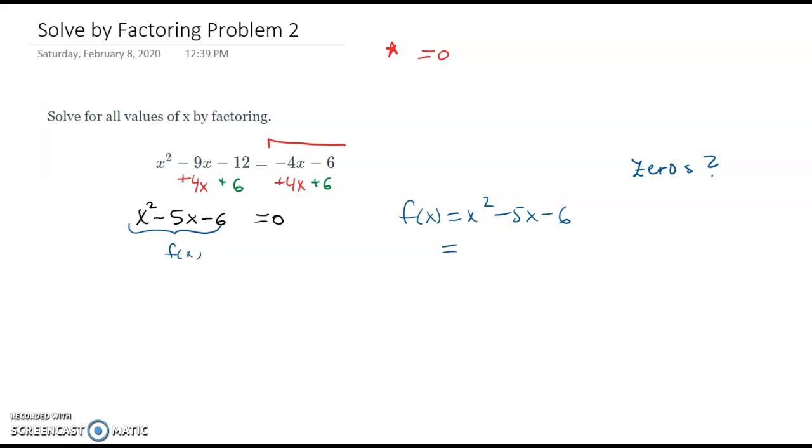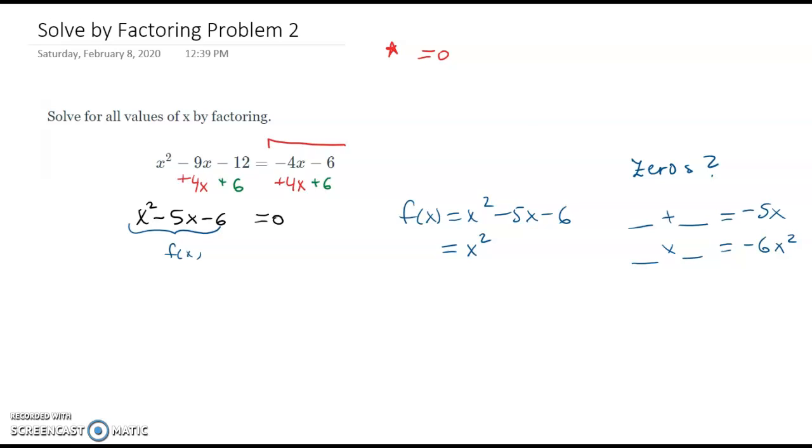So I'm going to think about the factoring. It's x squared, and we're going to break up the middle term. I'm going to figure that out by finding two terms so that when I add them together, they give me negative 5x, and when I multiply them together, they give me negative 6x squared.